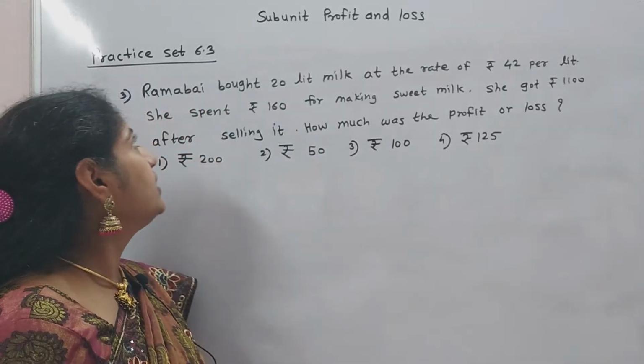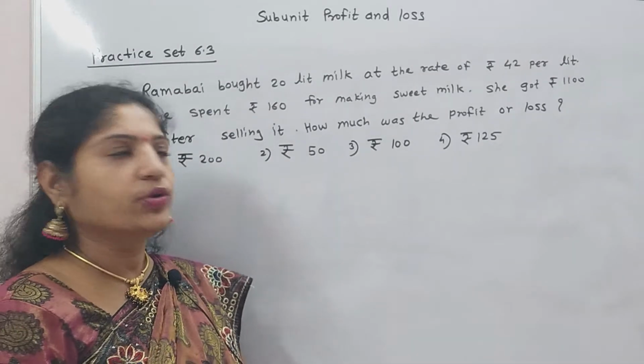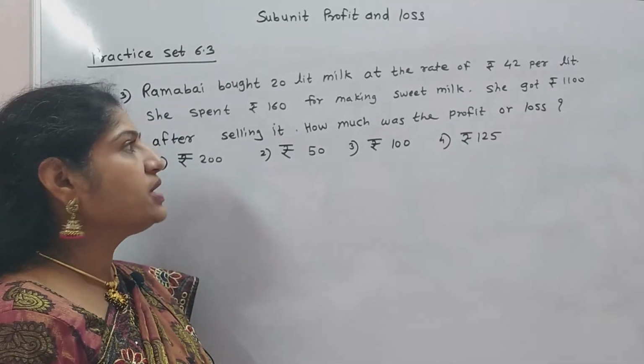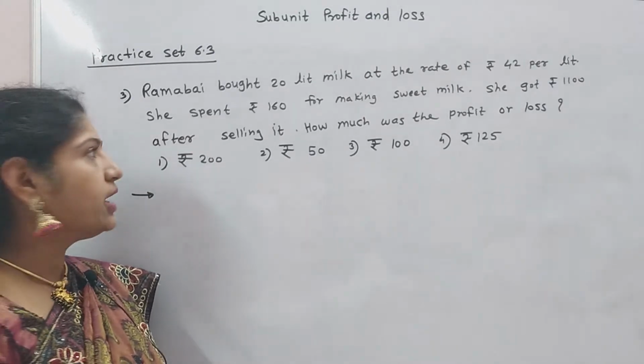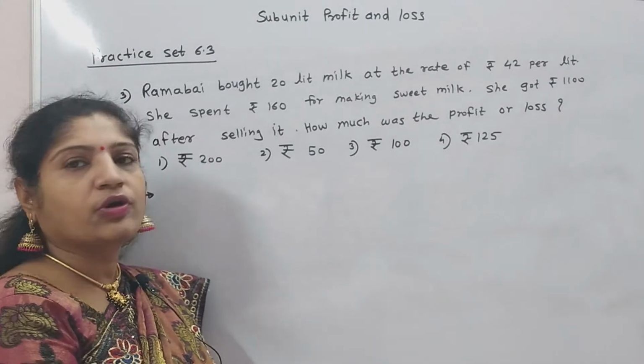Now, next example. Ramabai bought 20 liters of milk at the rate of rupees 42 per liter. She spent 160 rupees for making sweet milk. She got 1100 after selling it. How much was the profit or loss?